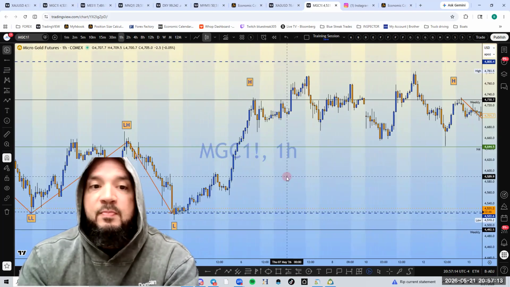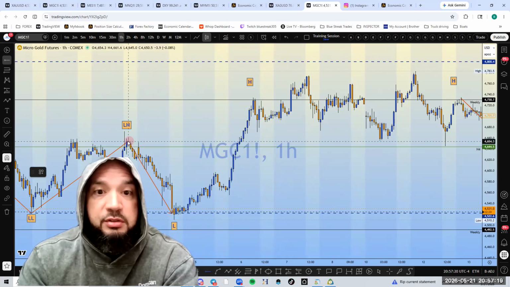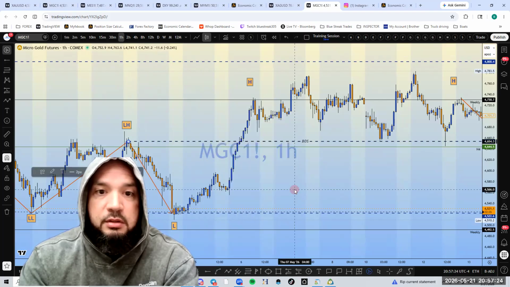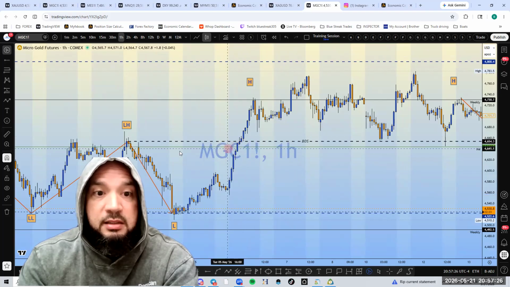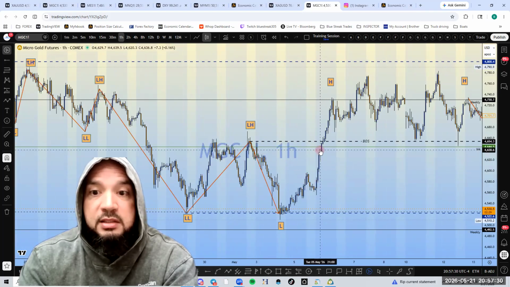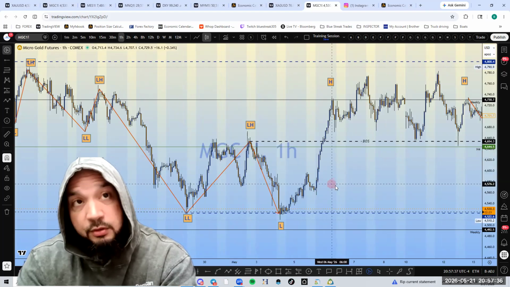Break of structure, BOS. The break of structure is right here. Until it breaks this, it's still a downtrend, no matter what happens. I don't even care if price looks like this. Until it breaks this and closes candles up above, the trend is still down.